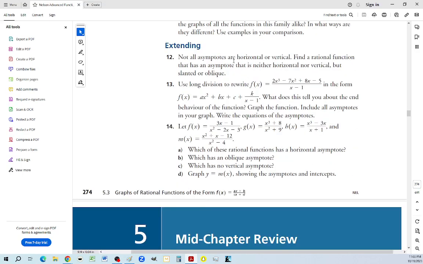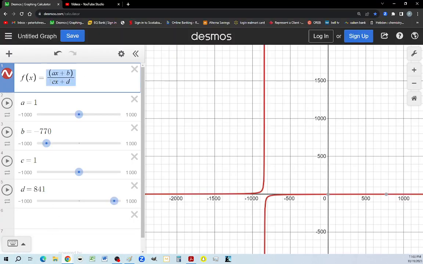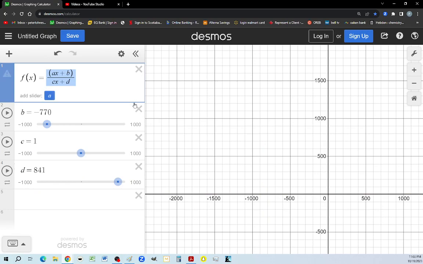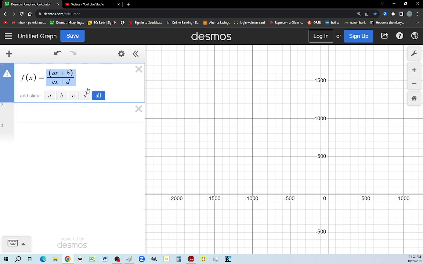All right, not all asymptotes are horizontal or vertical. Find a rational fraction that is neither horizontal or vertical. Okay, that's just making the degree on top higher.